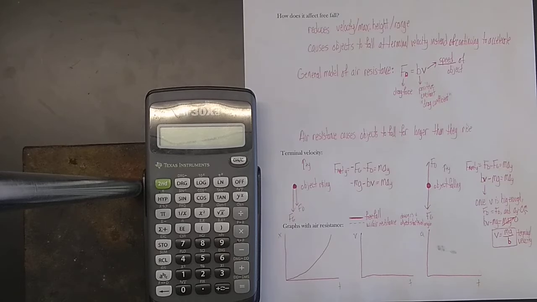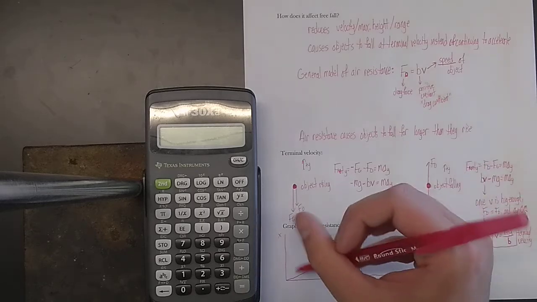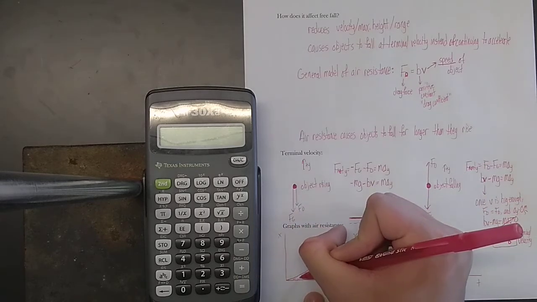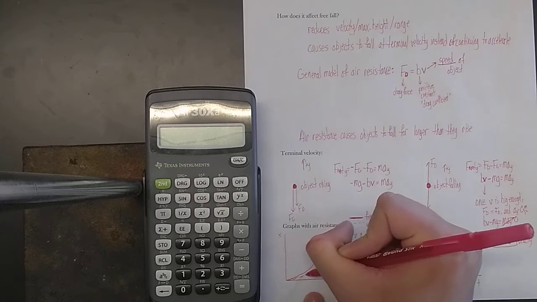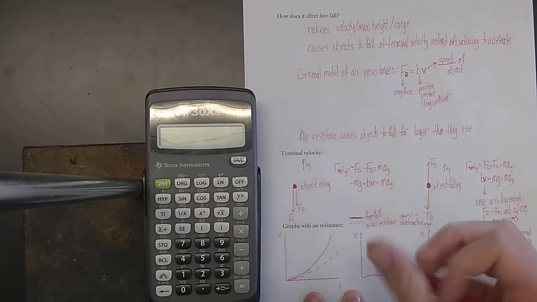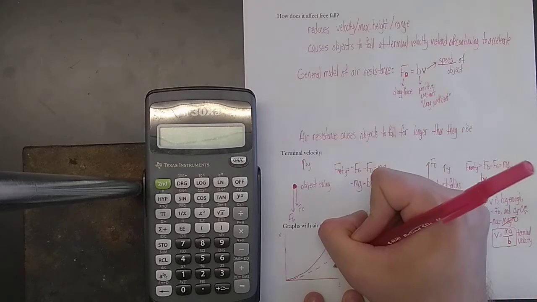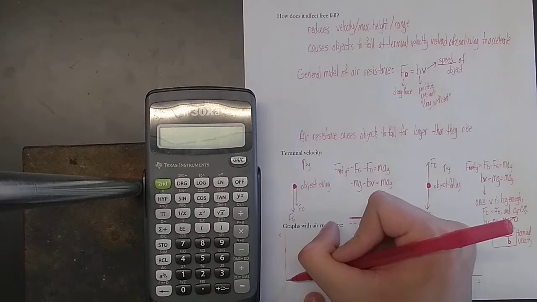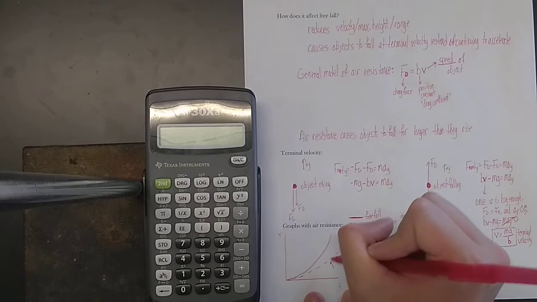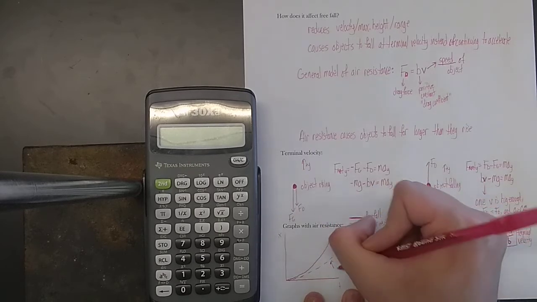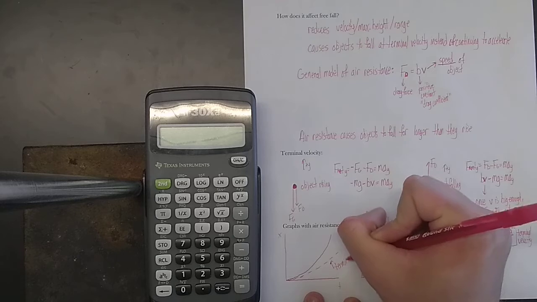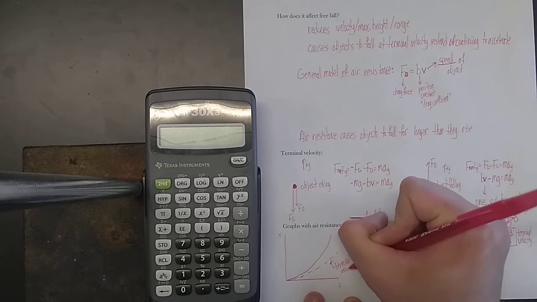The object can't go faster than that. Constant velocity on a position versus time graph would be shown with a constant slope. This graph never has a constant slope, but this one does. You can see there, right when it kind of tops off, we have a constant slope area. It was still changing slope for a little bit, but this must be where it has hit constant velocity, terminal velocity.